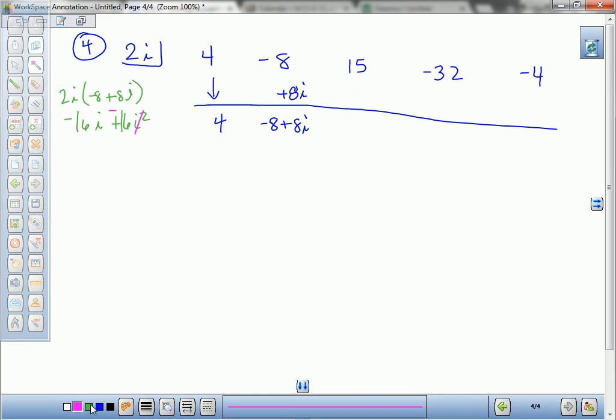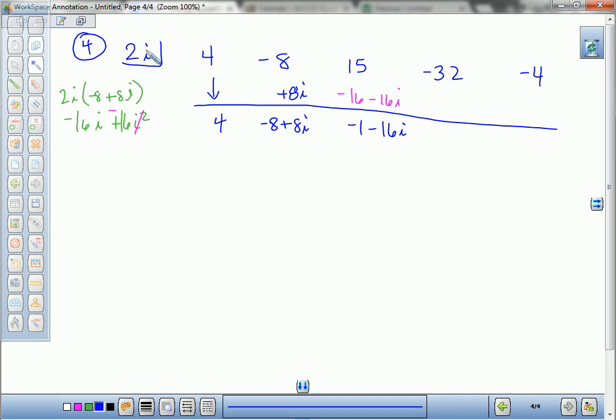So what we have right here is negative 16 minus 16i. And that gives us negative 1 minus 16i, because the 15 and the negative 16 makes a negative 1. And the negative 16i I can't do anything with.